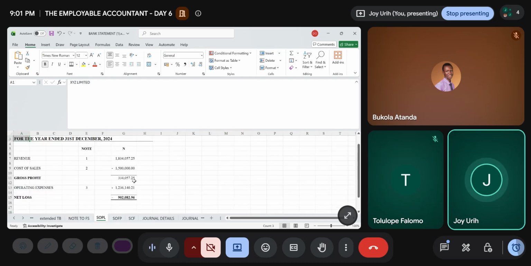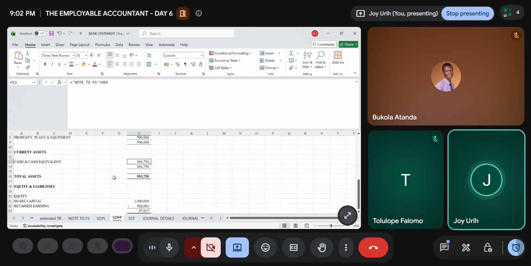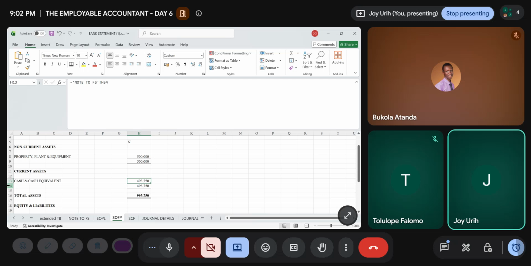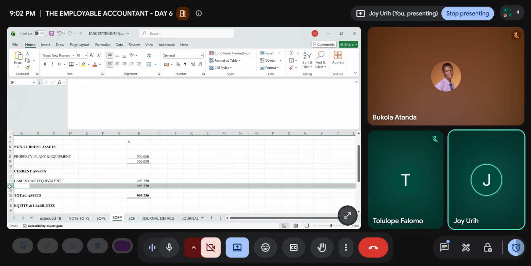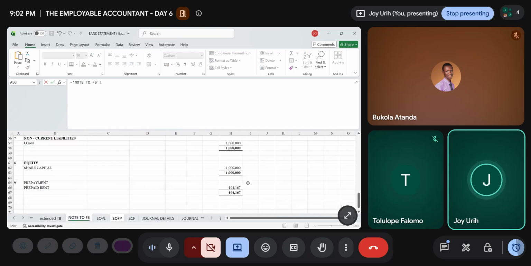The next thing I want to bring into my statement of financial position. So I'll put in here under current asset now prepayment and pick the figure from the notes to my account.